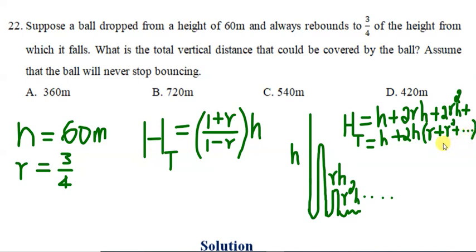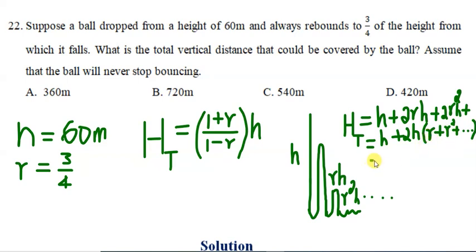Since our r, as you can see here, is between minus 1 and 1, this series must converge. In this case, our first term is r, and our common ratio is r also.